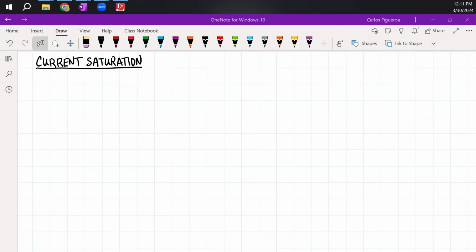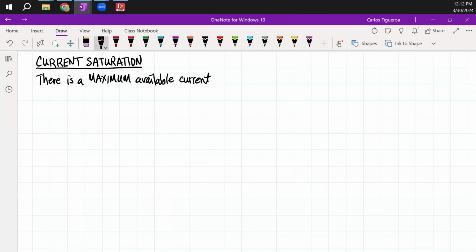Current saturation. There is a maximum available current that can be drawn out of the op amp.